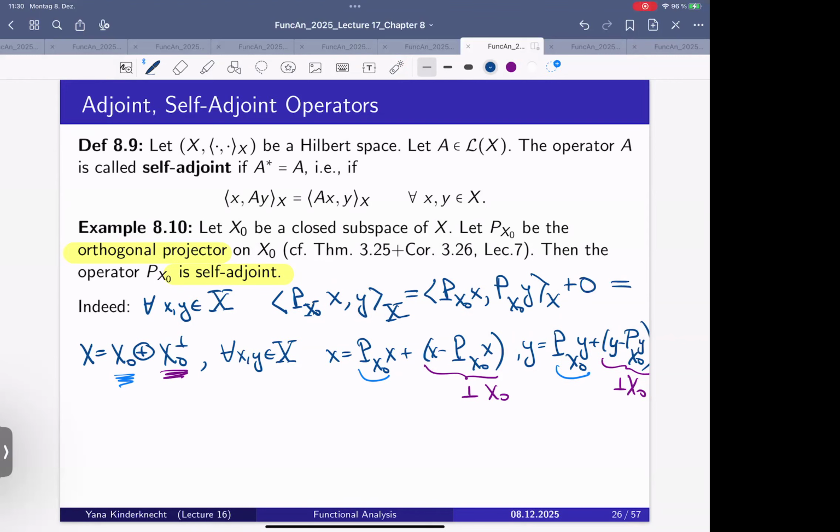We can do the same consideration and say that it is the same as this guy. That is, we have this. Of course, we may add this, and the scalar product of this guy with this guy will give 0.